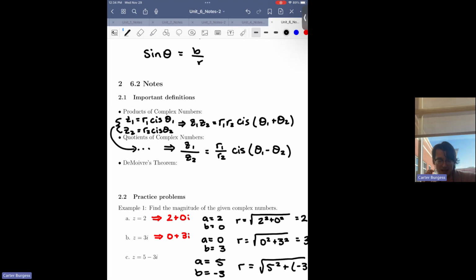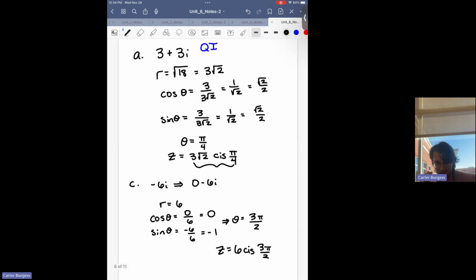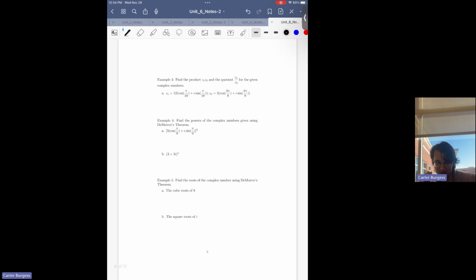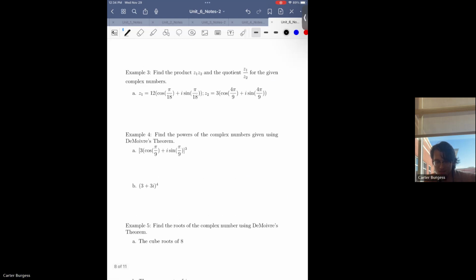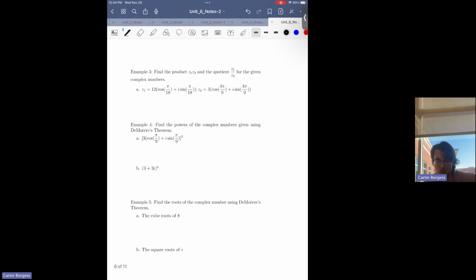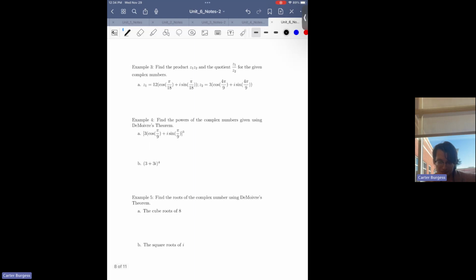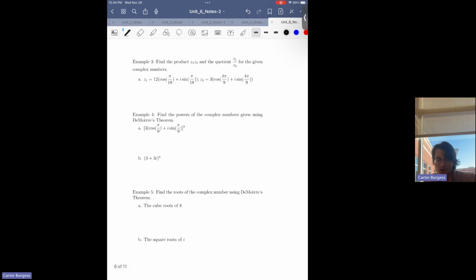All right, let's take a look at this in action here. Looking at example 3, we are asked to find the product z1 times z2, as well as the quotient z1 divided by z2, for the complex numbers as they are given.